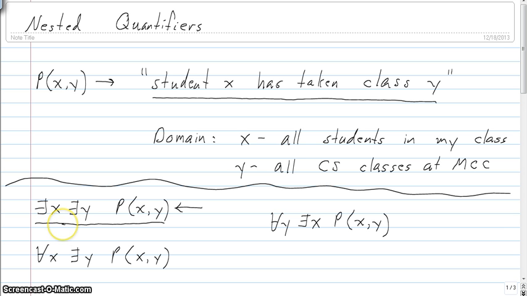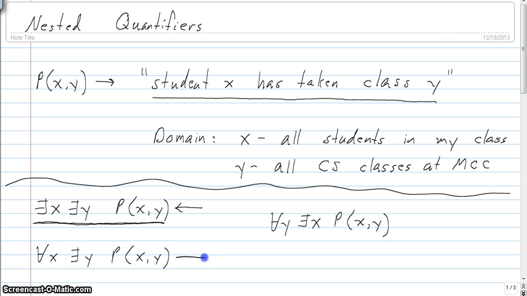So the way that we might say this in English is, there exists a student in my class who has taken one computer science class at MCC. That would be a perfectly fine translation. Or you might say, some student in my class has taken some computer science class at MCC. That would also be fine. So I think that's pretty straightforward.